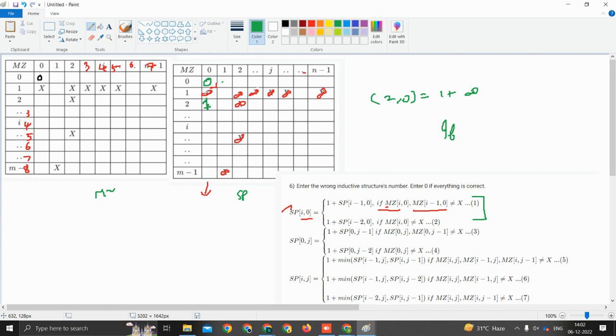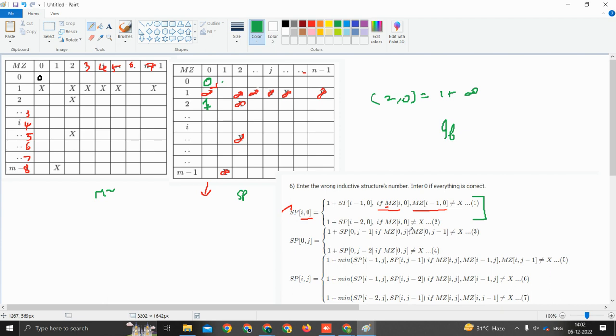If the point where we are, basically if it was like 1 comma 0, if the corresponding point, I minus 2 comma 0. If we are on 2 comma 0 right now, that means 0 comma 0. So we are checking, then we'll be adding 1 to 0 comma 0 if mz of I comma 0 is not x. That means the 2 comma 0 is not equal to x, right?